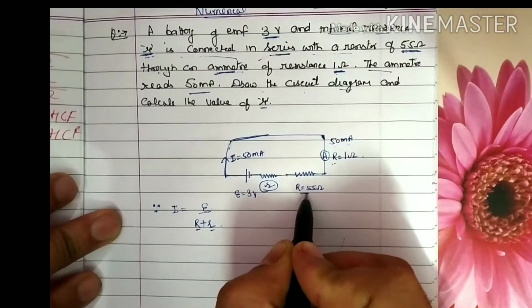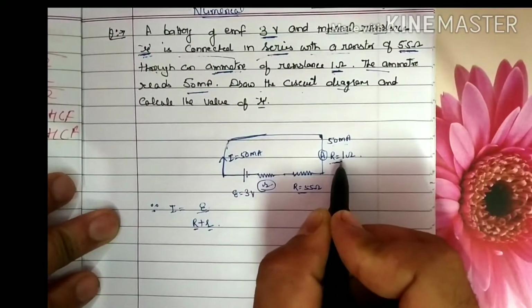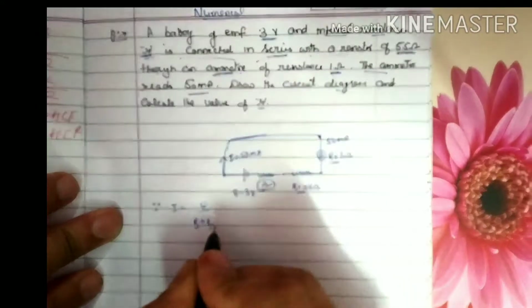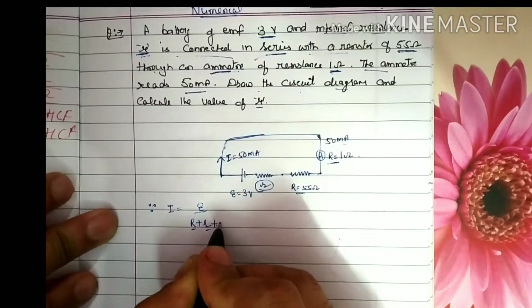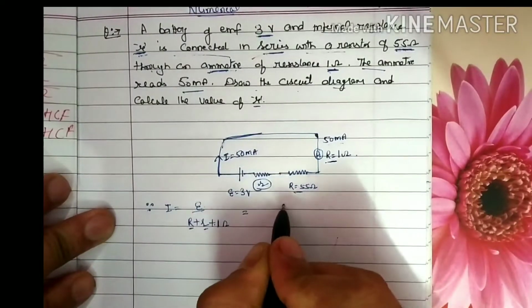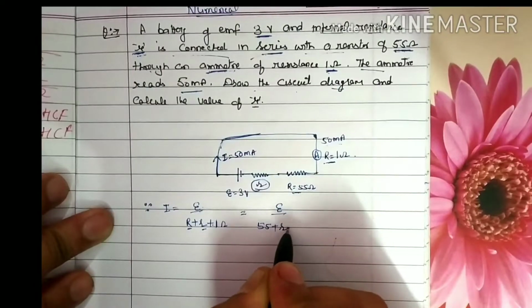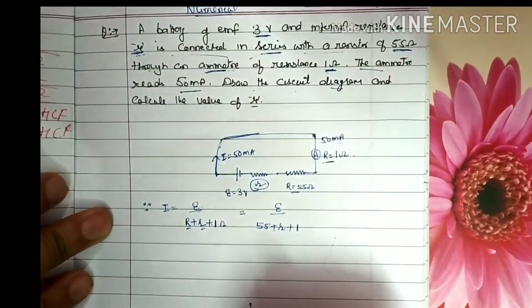One more resistance is connected in series with the circuit, that of the ammeter, so this resistance also gets added, 1 ohm. So we can write I is equal to E over 55 plus small r plus 1 ohm.